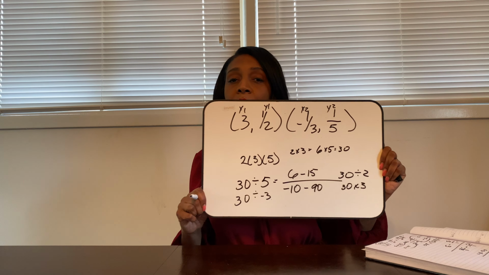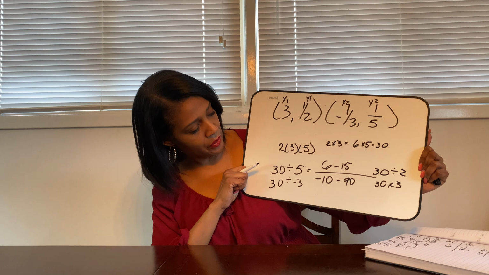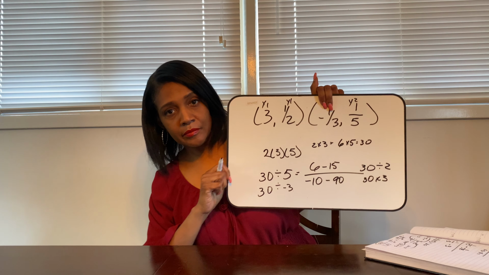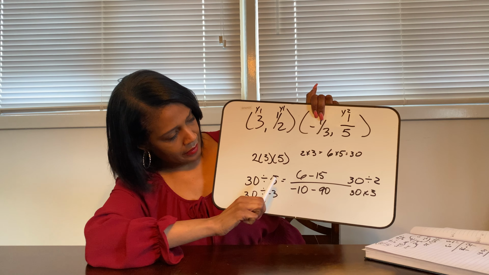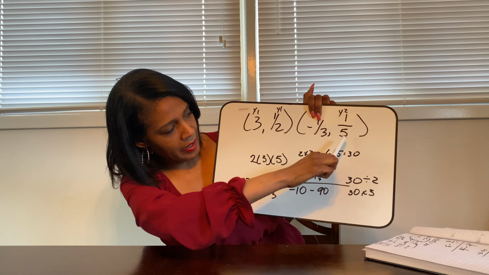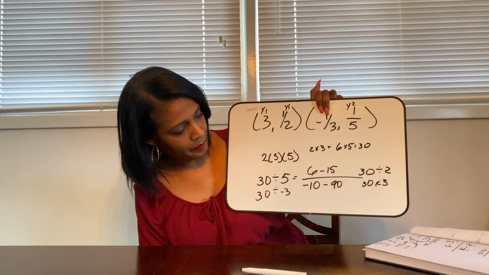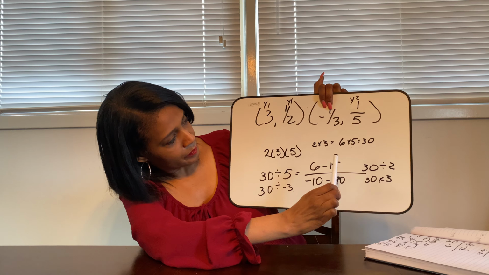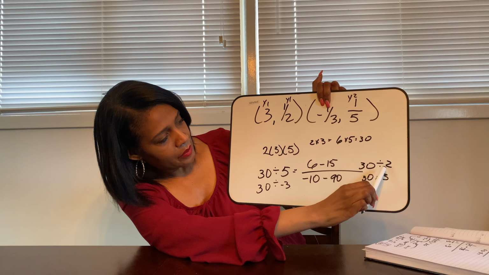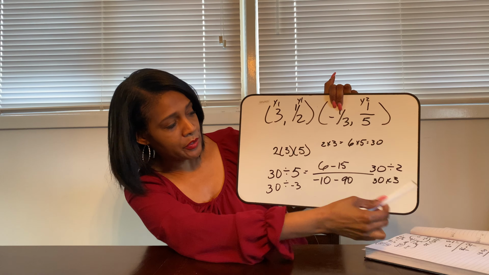Okay, so you remember how we spoke one moment ago about how we arrived at the number 30. So all you need to do is now take your 30. You will divide 5, your denominator here, into 30, and it will go 6 times. And then your next denominator, 2, will go into 30 15 times, or 30 divided by 2 is 15.